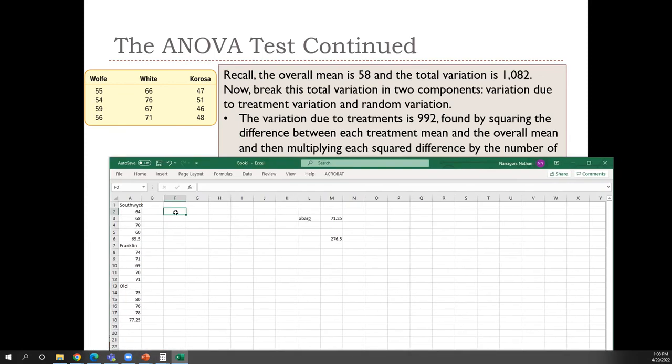So we take each one, so x minus x bar. This one will equal to this minus their mean.